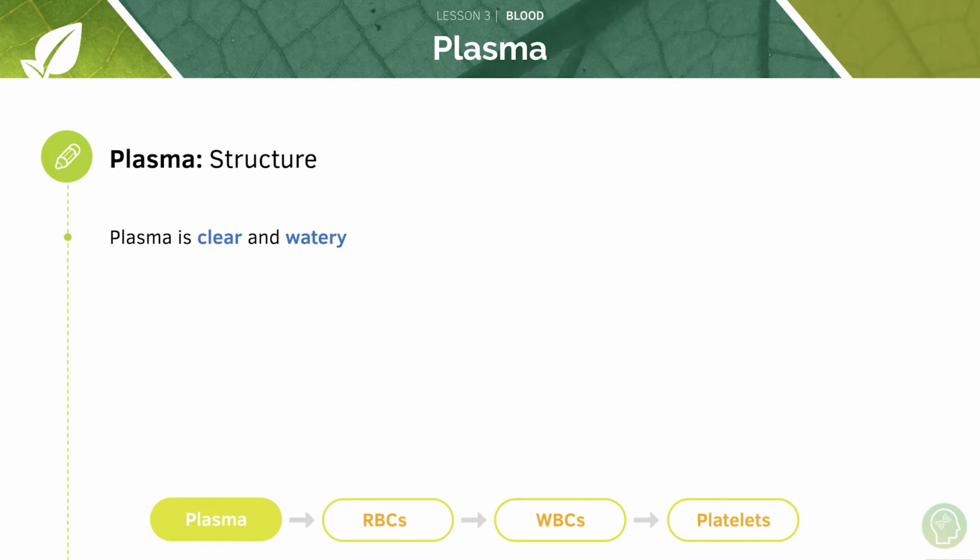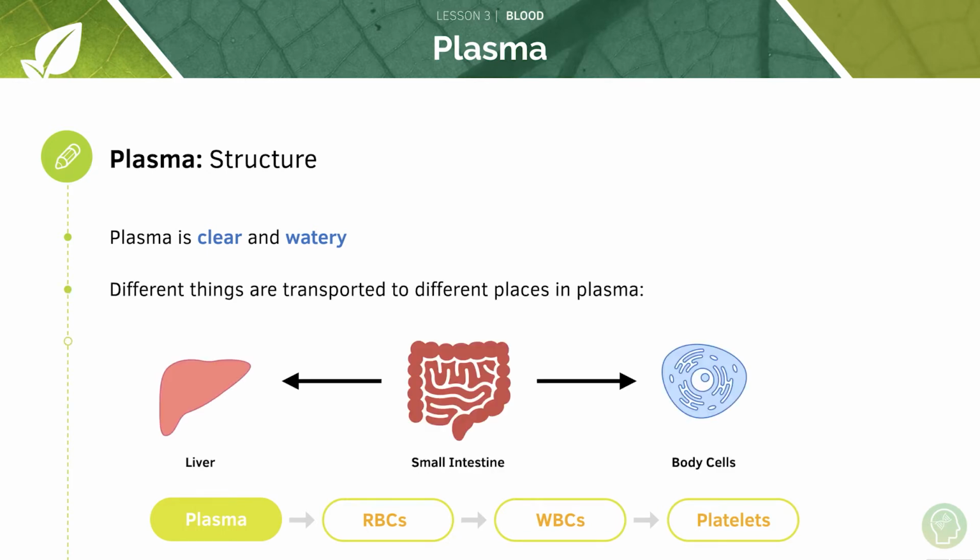So now let's come on to the structure of plasma. Well, plasma is clear and watery, and various things are transported to various places around the body via the plasma. So, for example, glucose is transported from the small intestine, where it's absorbed in the process of digestion, to either the body cells for respiration or to the liver for storage, because remember, glucose is stored as glycogen in the liver and also in muscle cells.